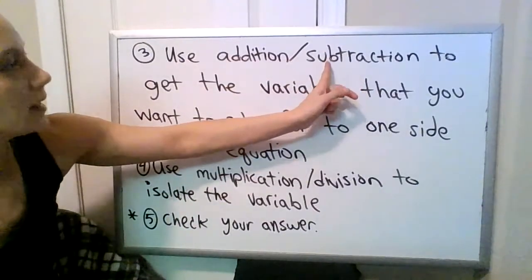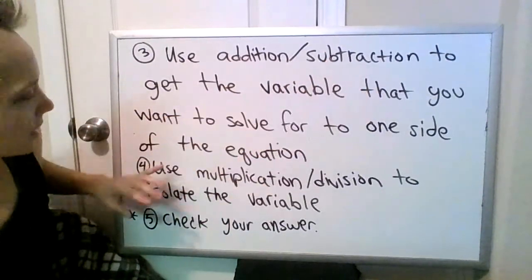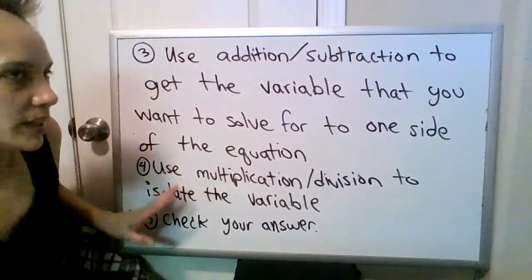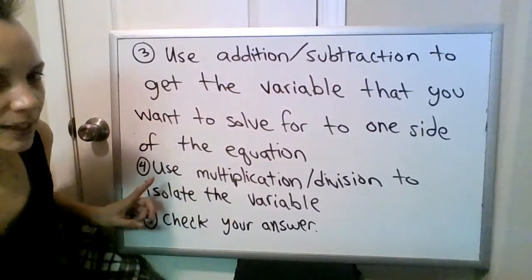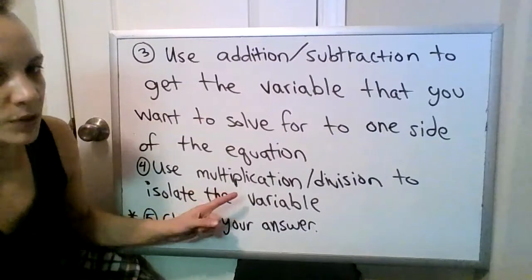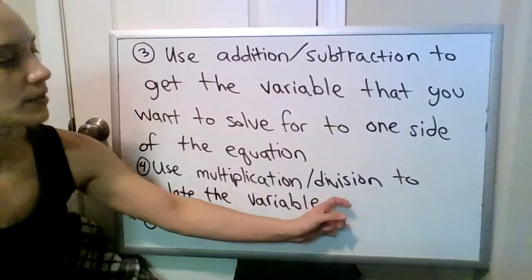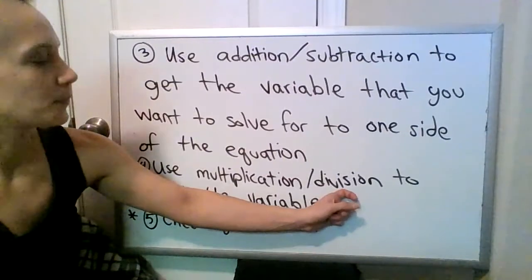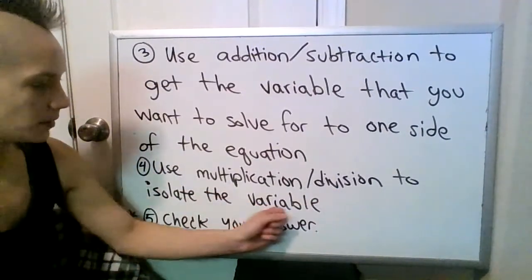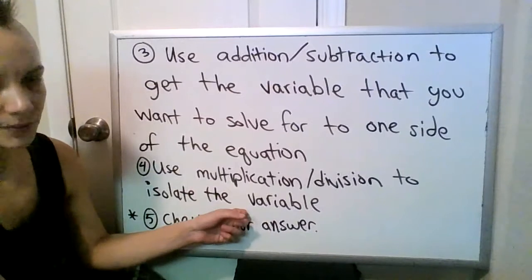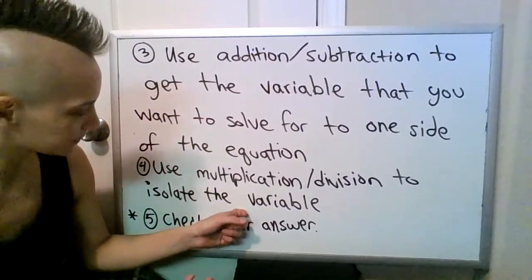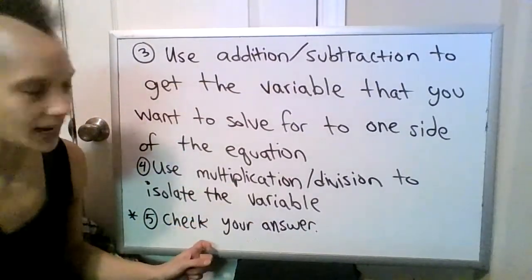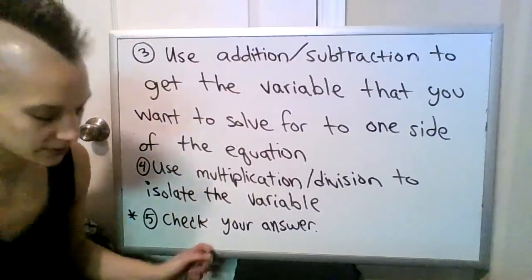Then once you've got your variable on one side, isolate it by using multiplication or division on both sides of your equation. You should have your variable all by itself, and you've solved for the variable. And then we should check our answer.